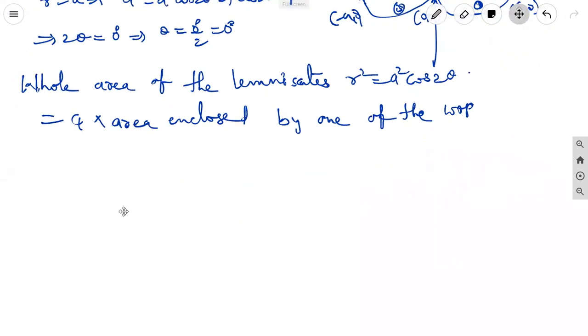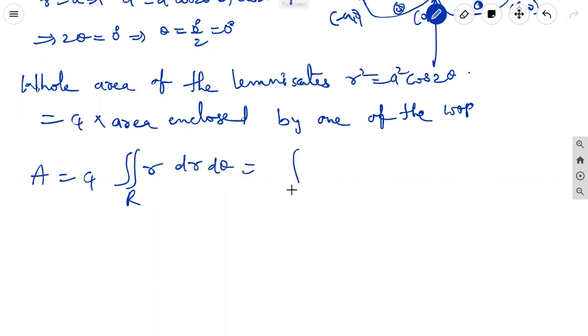The area is equal to 4 into the integral over the region R, in polar form, r dr d theta. In this, the limits of theta are 0 to pi by 4, and the radius r is 0 to a under root cos 2 theta, with a outside.